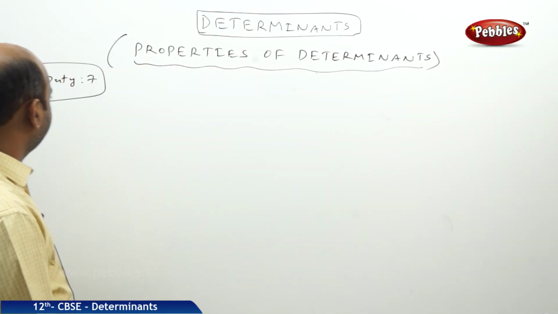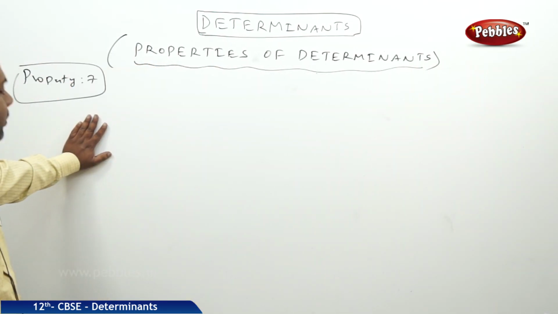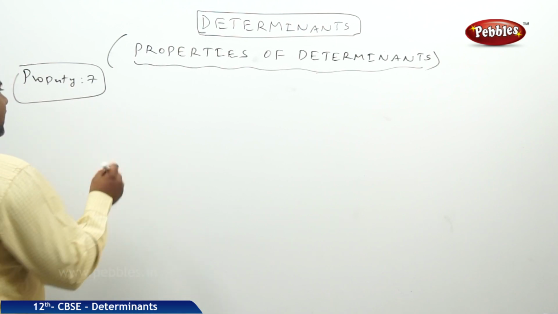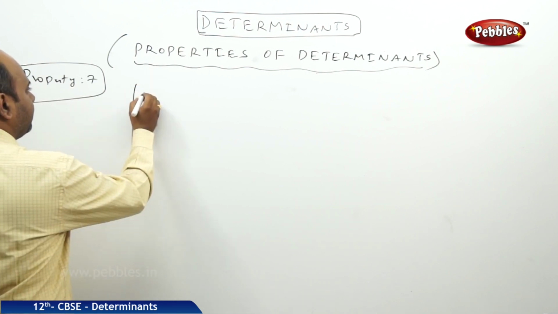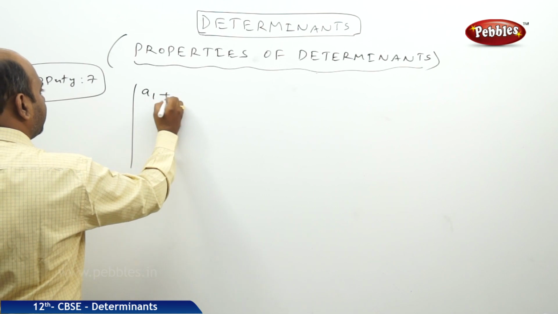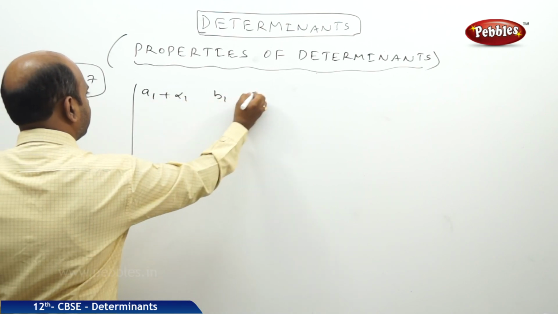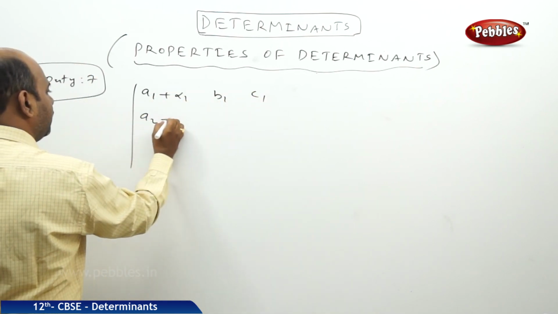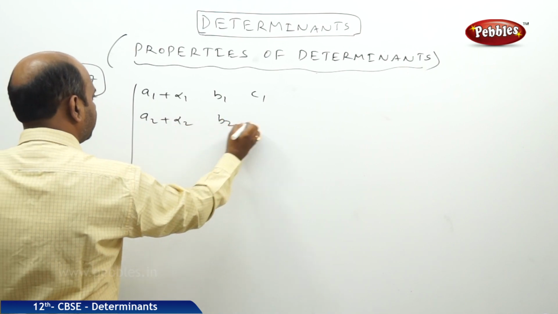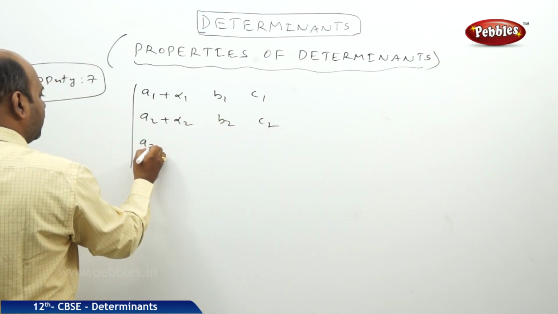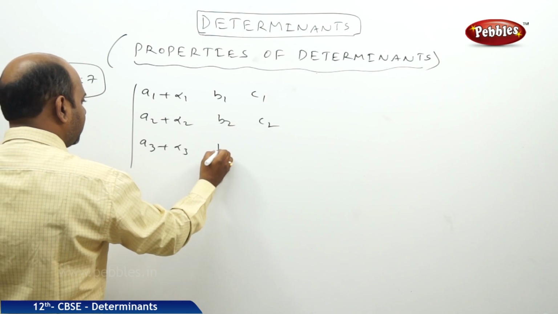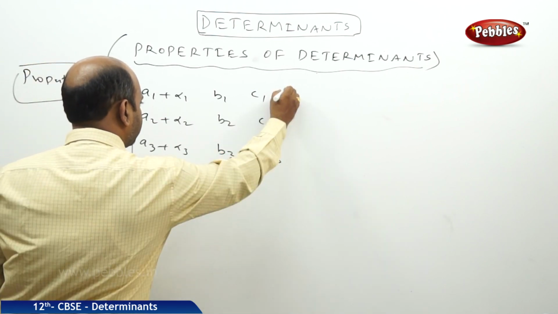Now we shall see the last property in determinants. Sometimes while solving problems, we come across a determinant of this type: a1 plus alpha 1, b1, c1, a2 plus alpha 2, b2, c2, a3 plus alpha 3, b3, c3.